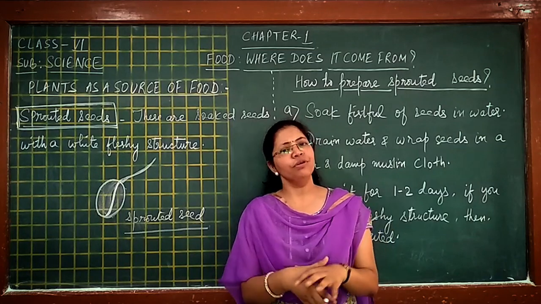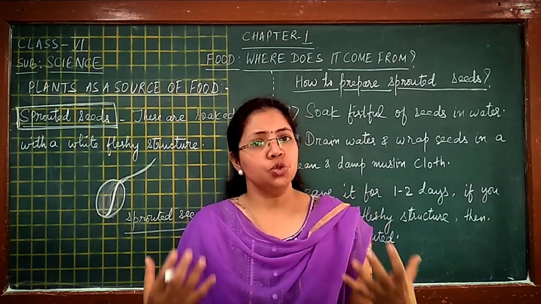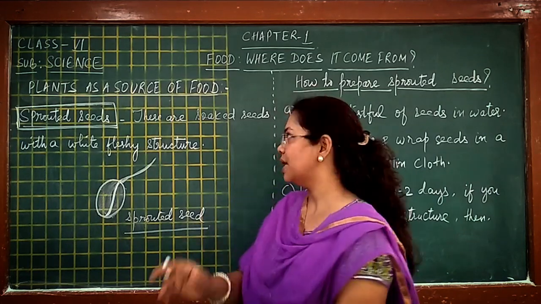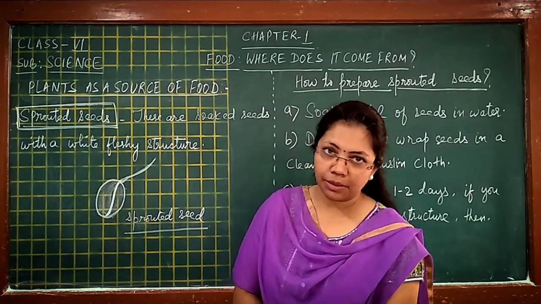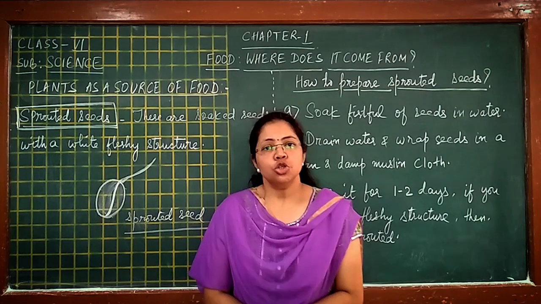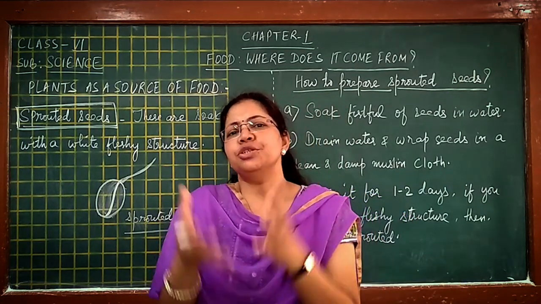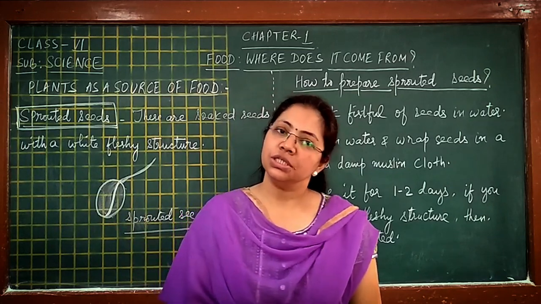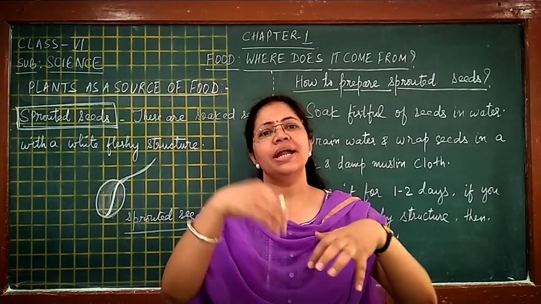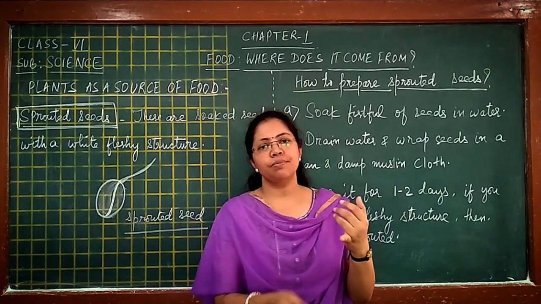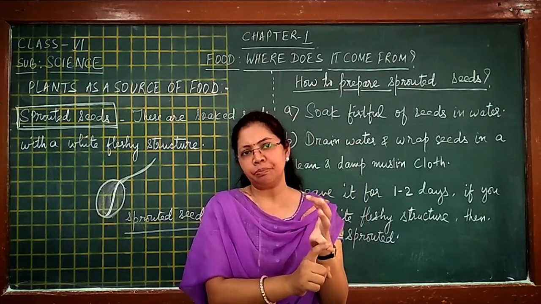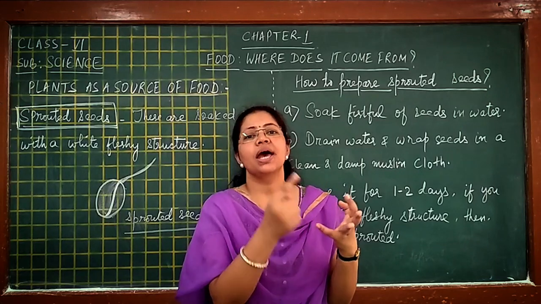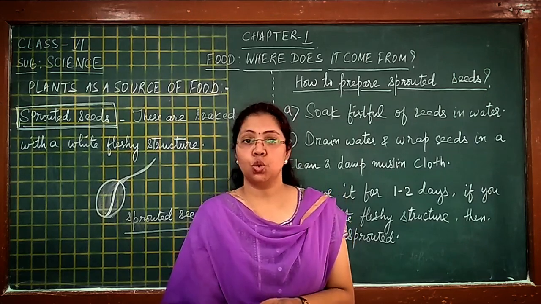So now we know that the two main sources of our food are plants and animals, right? Today we will discuss a bit more about plants as our food source. In the edible parts of plants we discussed root, stem, flowers, leaves and seeds also.